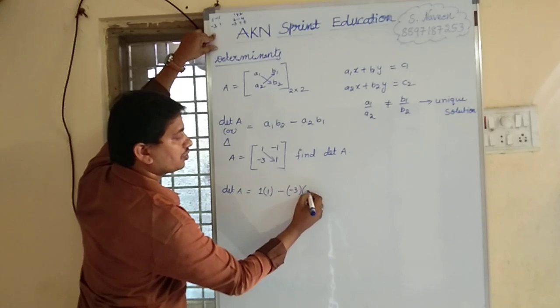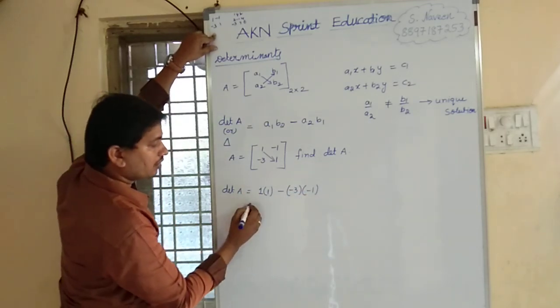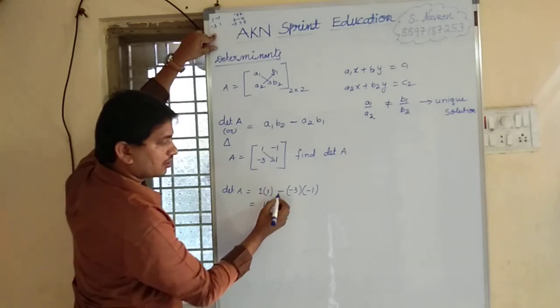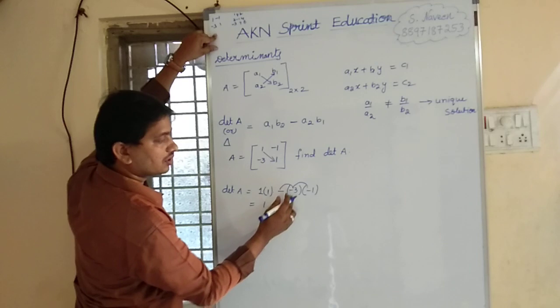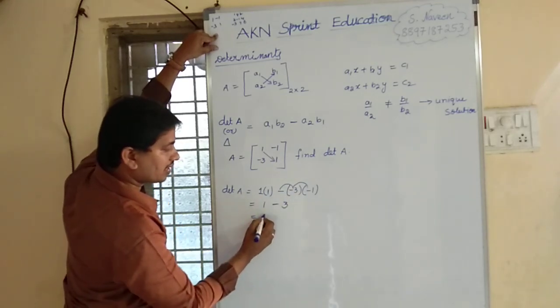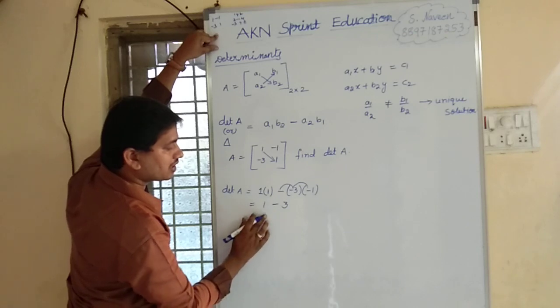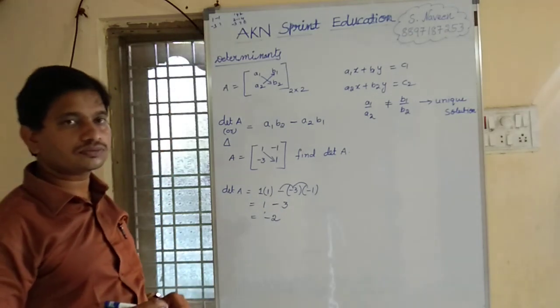Minus 3 into minus 1. So 1 into 1 is 1, minus into minus is plus, plus into minus is minus, children. So 3 into 1 is 3. So that is 1 minus 3. 1 minus 3 how much, children? 1 minus 3 is equal to minus 2.